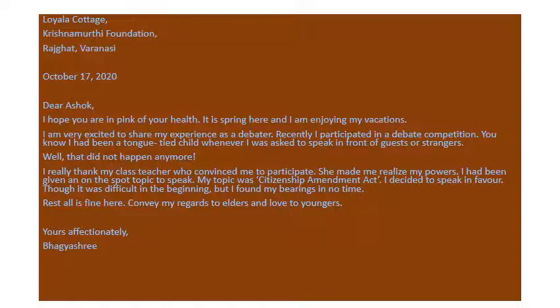Loyola Cottage, Krishnamurti Foundation, Rajghat, Varanasi. October 17, 2020. Dear Ashok, I hope you are in pink of your health. It is spring here and I am enjoying my vacations.